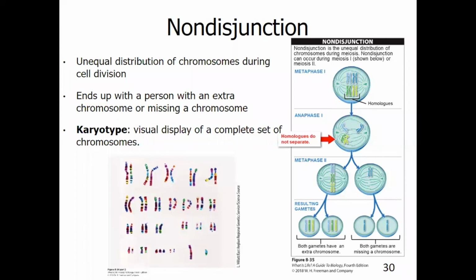Each of these gametes then have an extra chromosome. So when this gamete combines with the gamete from another person, the resulting offspring is going to have 1 extra chromosome. There are a number of human conditions that arise from this.